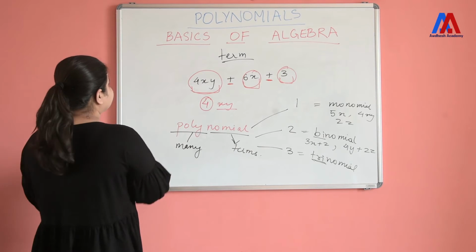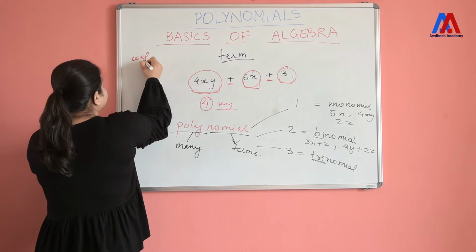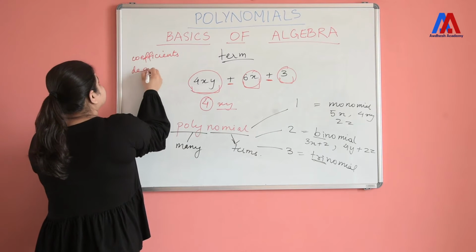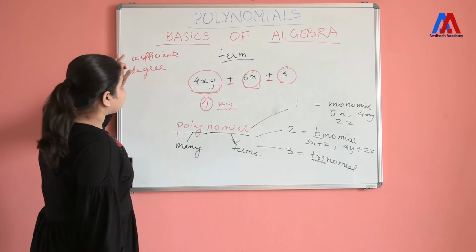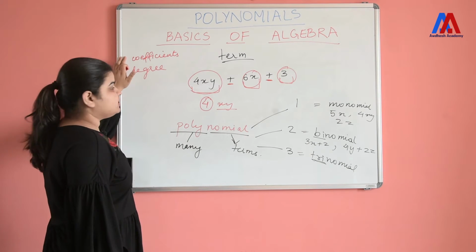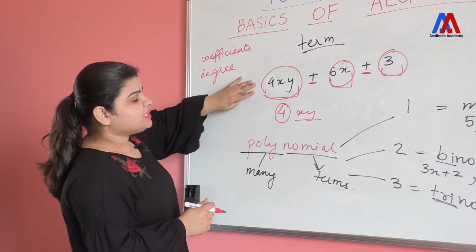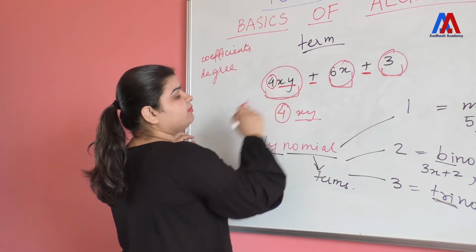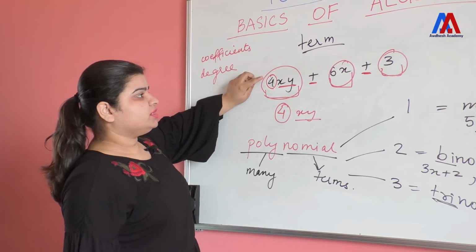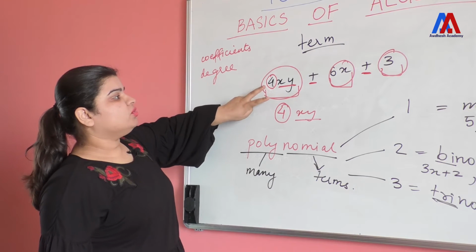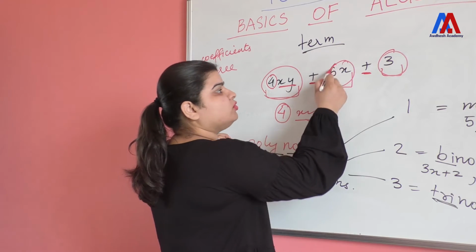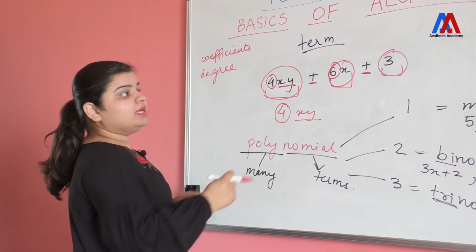Now, the next thing is coefficients and degree. First of all, we'll see what are coefficients. Like in this expression, the constant term before the variable part is a coefficient. Like 4 is the coefficient of xy here. In this term, 6 is the coefficient of x.